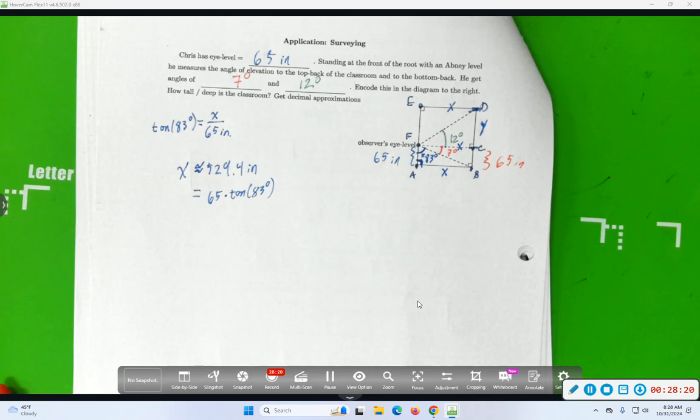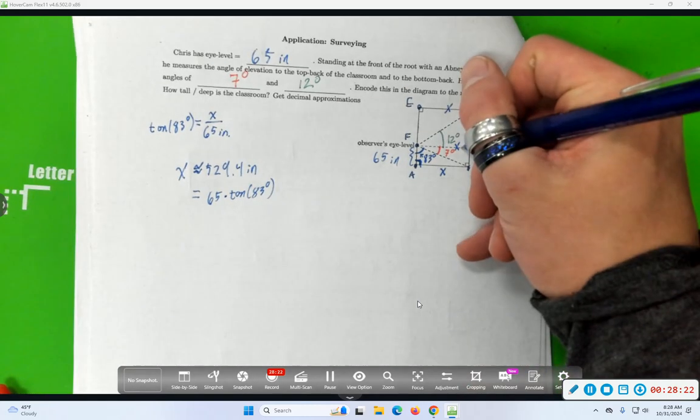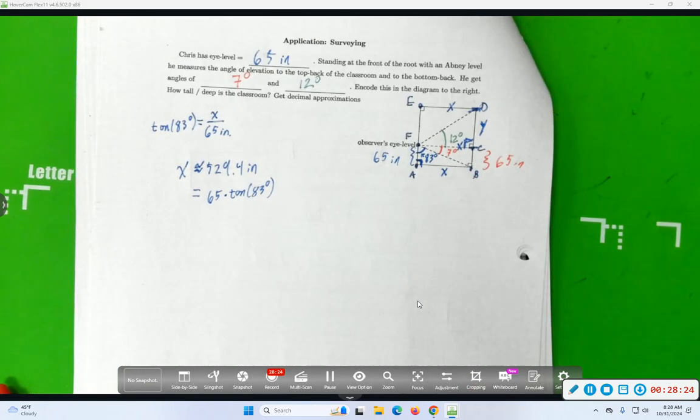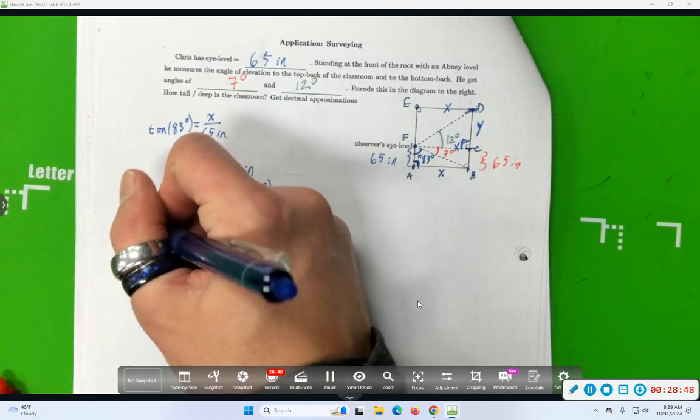So, let's look at that triangle. Do I know a side length on that triangle? Yeah, because I know x. So let's look at that triangle. What trig function looks useful? Tangent again? So let's write down another equation involving tangent.